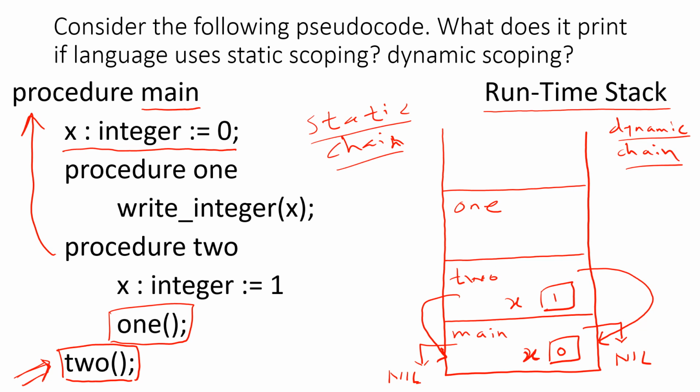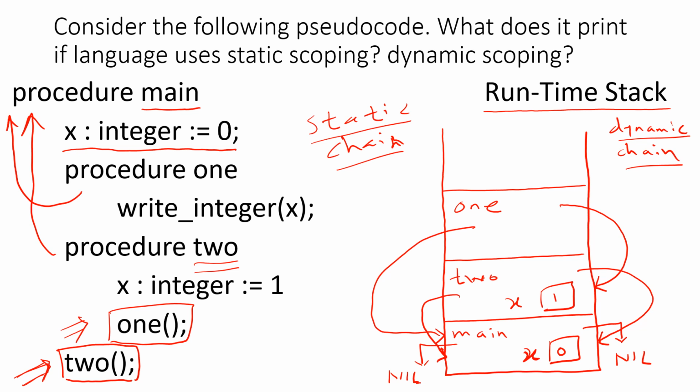The static link for 1 is main, because 1 is also defined in main, whereas the dynamic link for 1 is 2, because 1 is called by procedure 2.